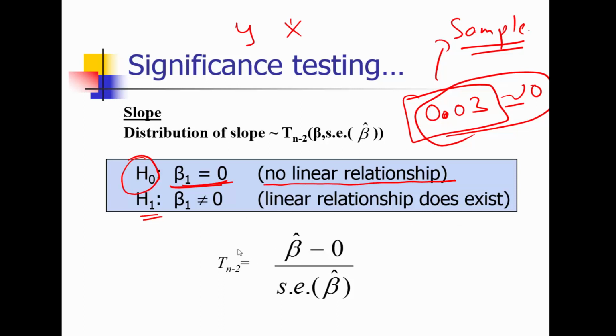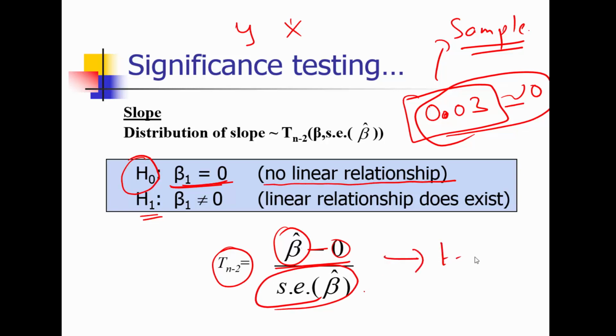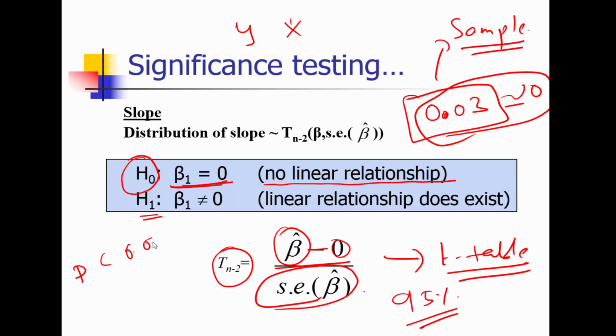So you calculate the t-statistic, you just take the beta, subtract 0, which is nothing but beta divided by its standard deviation, and then look at the t distribution table, and take the threshold value at maybe 95% confidence interval, and you can get the p-value from there. If it is less than 0.05, then you consider that as significant.